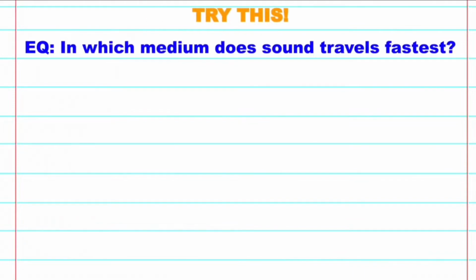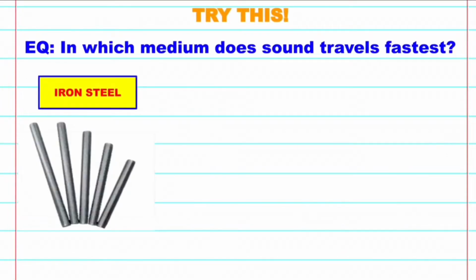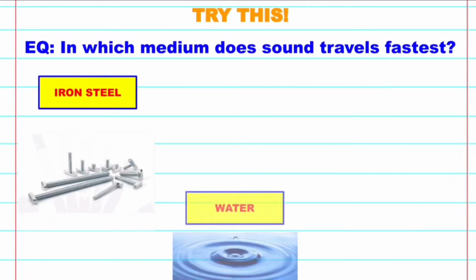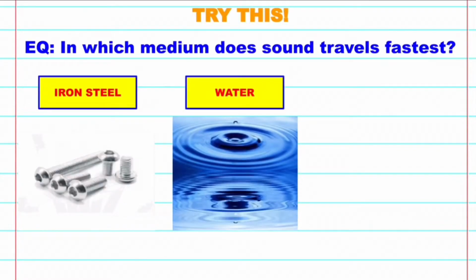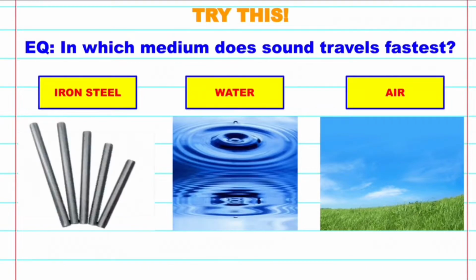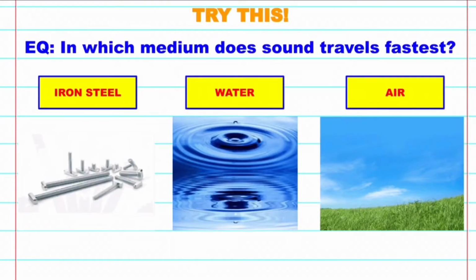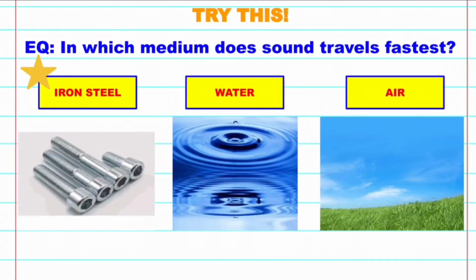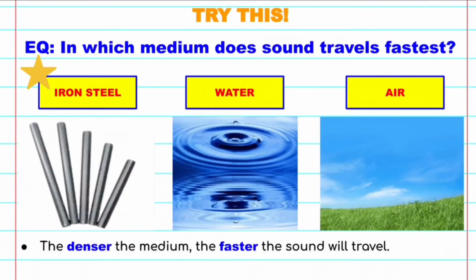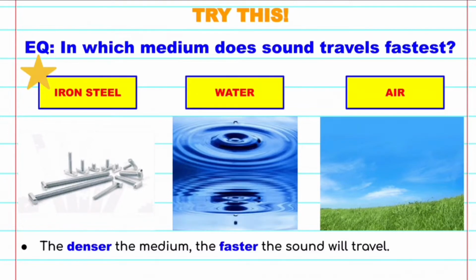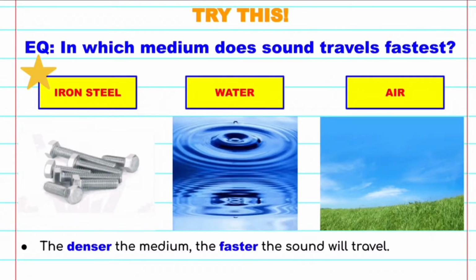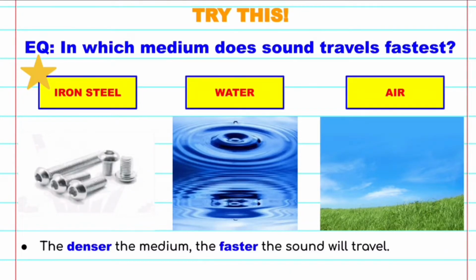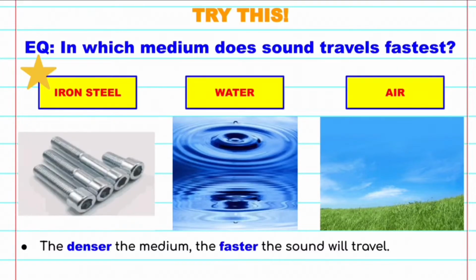Try this. In which medium does sound travel fastest? In iron steel, water, or air? What do you think is the answer? Yes, in iron steel. You guessed it right. Amazing! Why? Because the denser the medium, the faster the sound will travel.